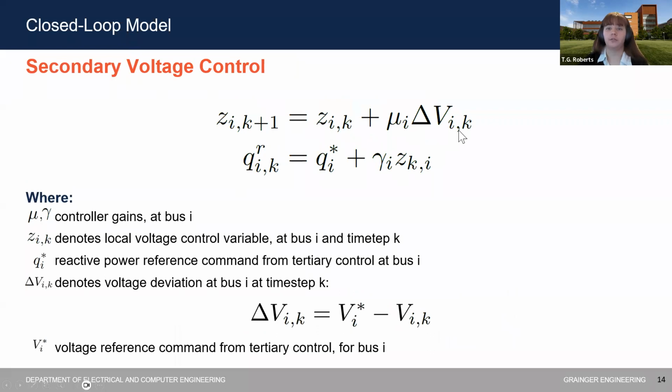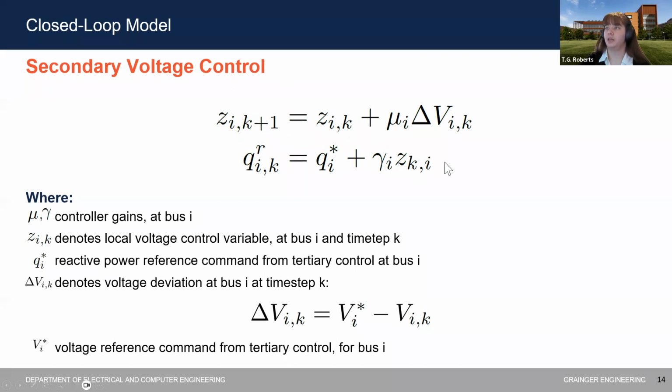This is different for voltage because voltage is a local variable, so we have a different Z control variable for each bus. Essentially the structure for our secondary voltage controller is very similar to that of frequency, where we have our difference in what we want voltage to be, V star, versus what it actually is, V. That will be our voltage difference, which will help us update our Zi at the k+1 time step.